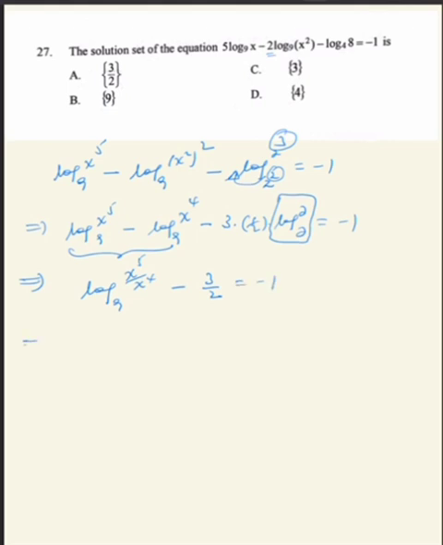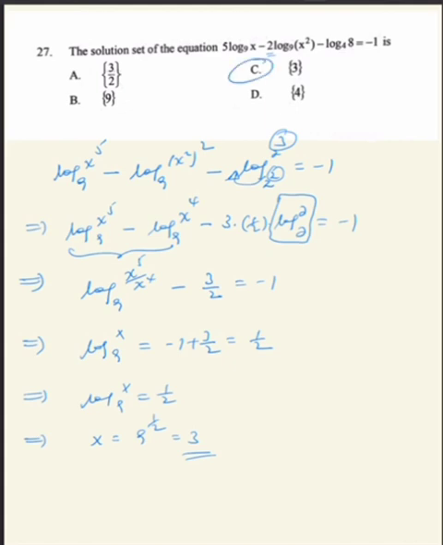So this becomes logarithm of x to the power of 5 over x to the power of 4, which is x, in base 9 is equal to -1 plus 3 over 2. -1 plus 3 over 2 is 1 over 2. So logarithm of x in base 9 is 1 over 2, which means x is 9 to the power of 1 over 2, which is 3. Okay, so the solution of this logarithmic equation is x equals 3.